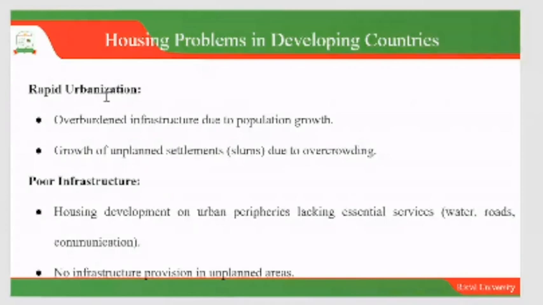Which has led again to unplanned settlements like we looked at earlier on, slums developing due to the issues of urban growth. Then we have poor infrastructure that is also causing the housing problems, and we're saying housing development on urban peripheries lack essential services such as water, roads, communication, but also we have no infrastructure provision in unplanned areas.